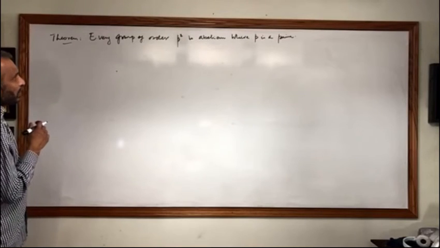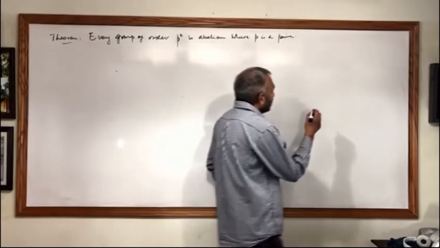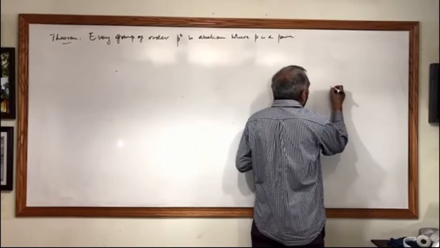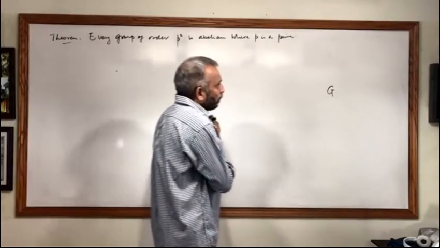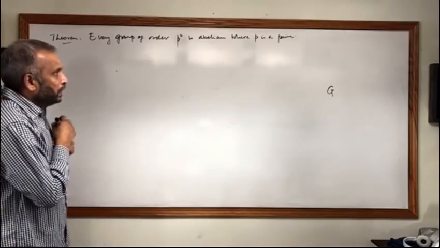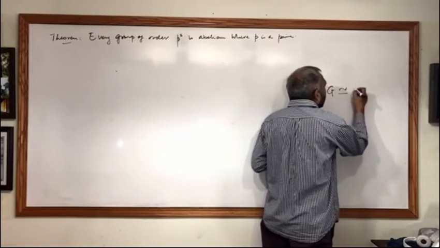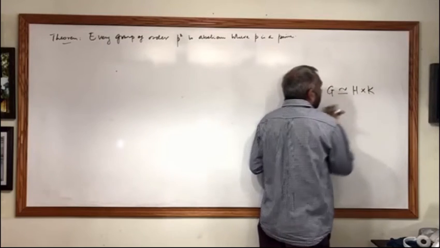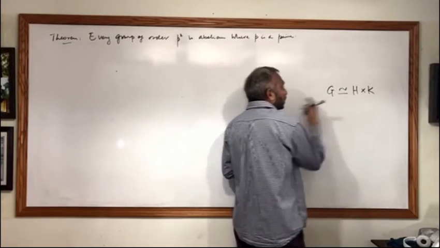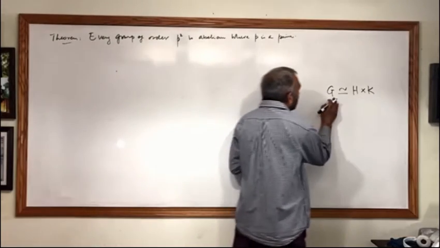The way we are going to show it's abelian is to show that if G is a group of order p square, G is isomorphic to H cross K, where H and K are subgroups of G. If we can prove this one, then G is abelian.